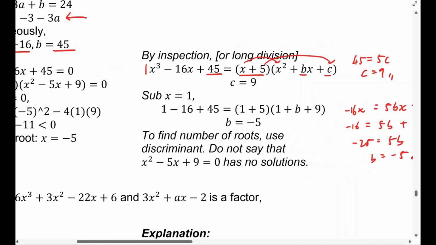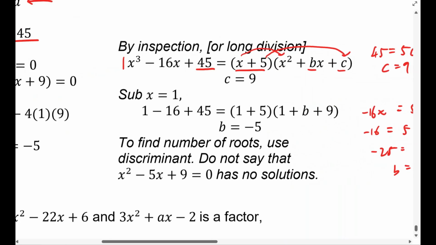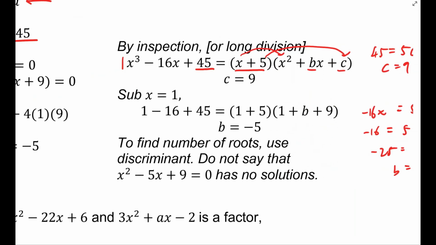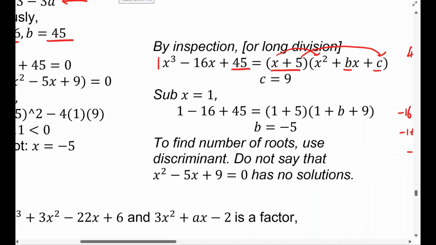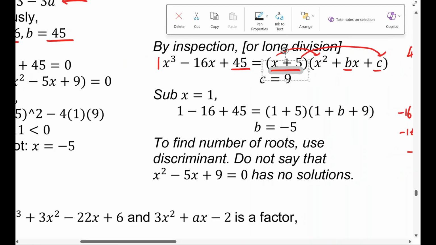So subbing back your values of b and c, you can get your final quadratic bracket. And then you want to further factorize this quadratic bracket if you can, right? But when you key into your calculator to find your roots, you'll see that there's no solution. To show that there are no solutions, you cannot just state that there are no solutions.